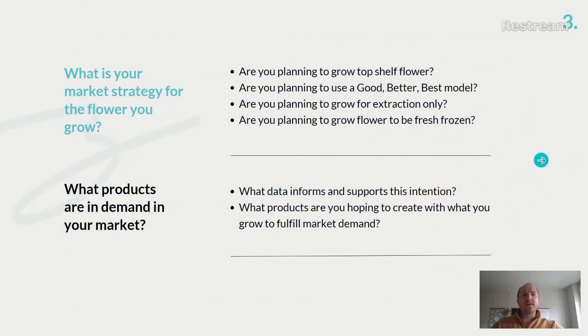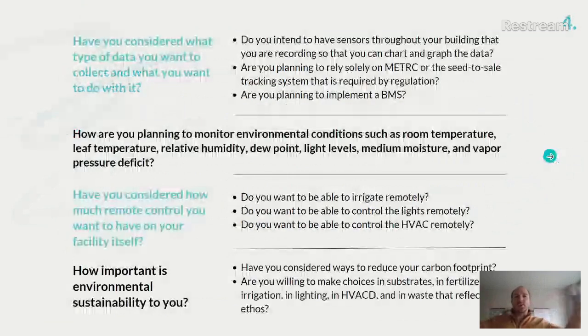We have a tremendous amount of data with which to leverage. So if you take nothing else away from this slide, try to do some research on the data that is available so that you can make a more informed decision that will help set you up for a long-term profitable operation. Ultimately, what you start with in a market is unlikely to be what you're going to be selling and exactly how you're going to be selling it 5 years down the road. So prepare to be adaptable and be flexible.